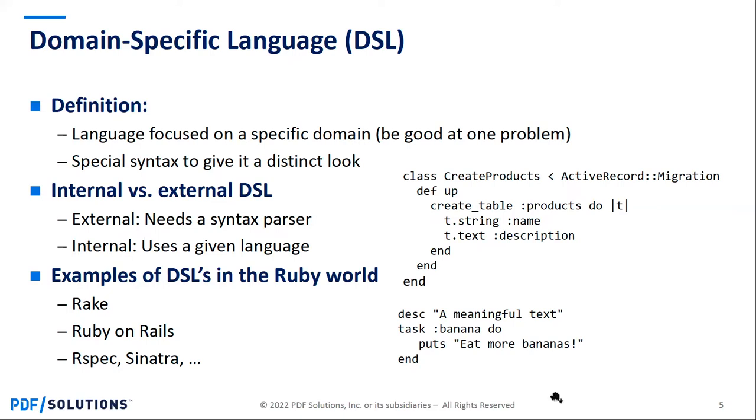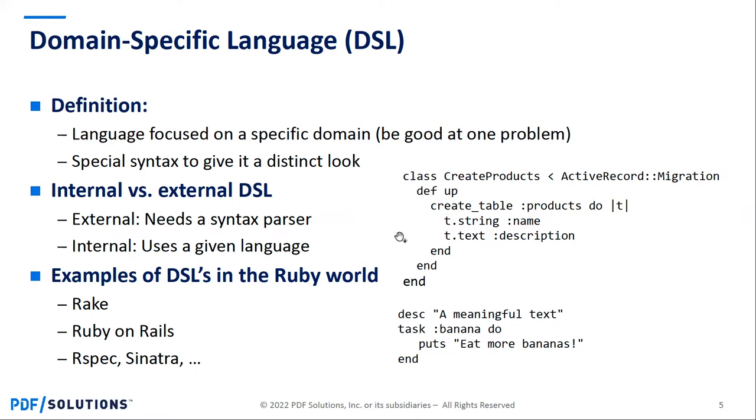If you look at the example on the right here, this is standard Ruby: a class derived from ActiveRecord Migration, a method called up, but then comes something like create_table :products. And create_table is not Ruby. It's essentially a keyword which says, create a table called products and add a name and description field into the table.